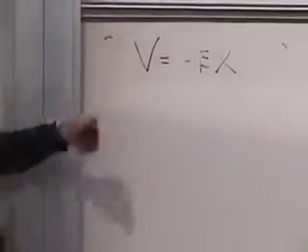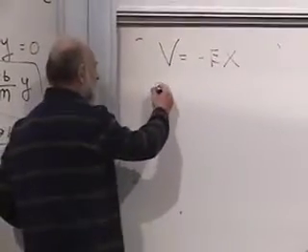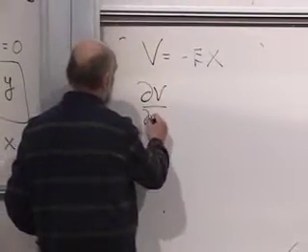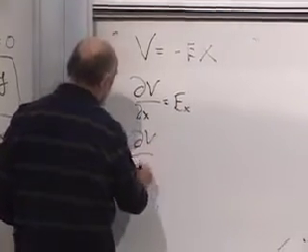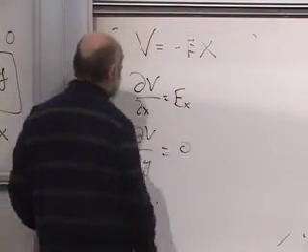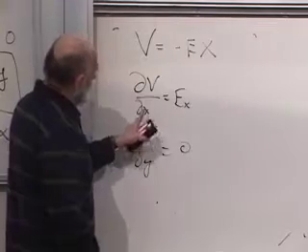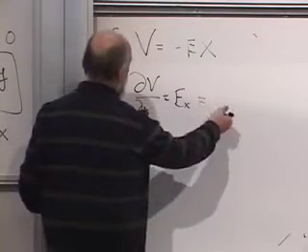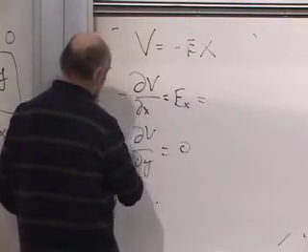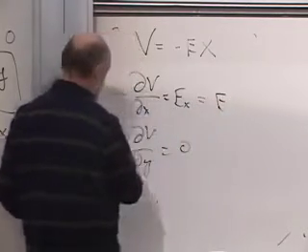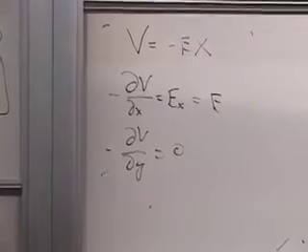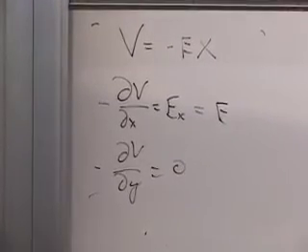And remember, the derivative of v with respect to x is E sub x. The derivative of v with respect to y, in this case, would be 0. So the derivative of v with respect to x would just be, sorry, minus sign here, would be E, and the y derivative equals 0.